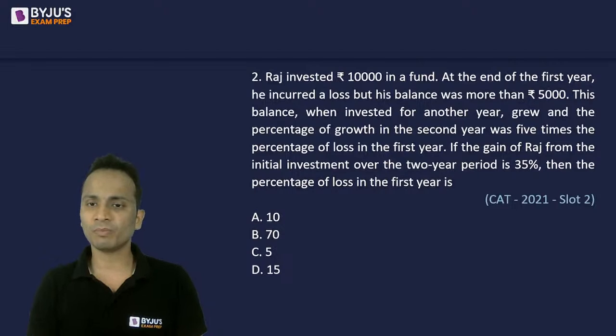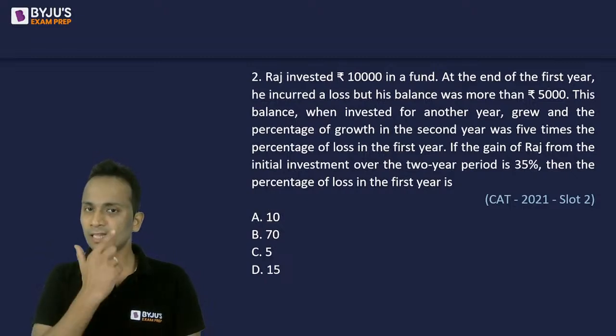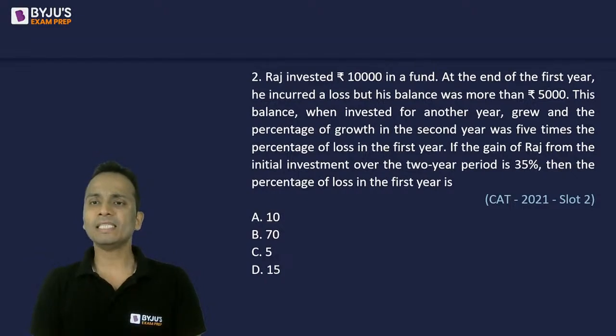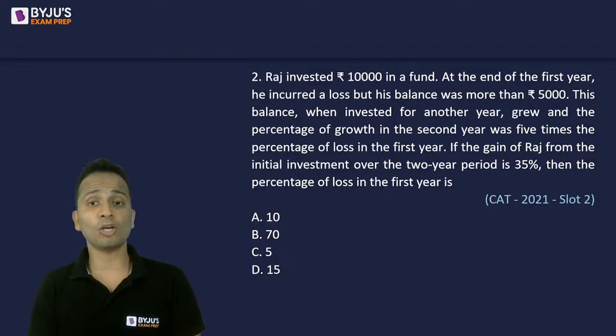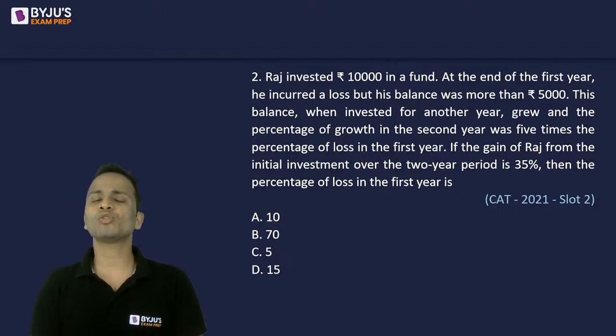Let's move on to question number two. CAT 2021 slot number two. Raj invested rupees 10,000 in a fund. At the end of the first year, he incurred a loss, but his balance was more than 5,000.